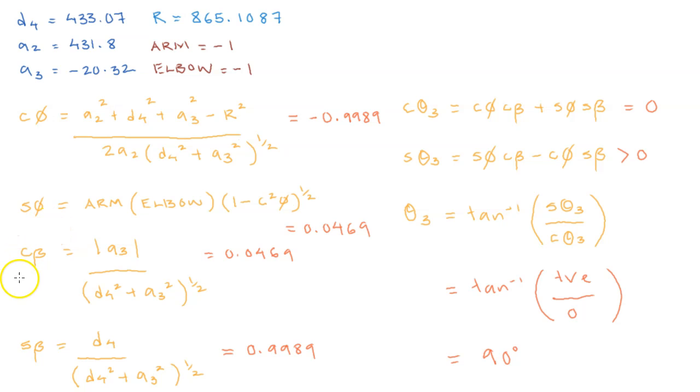Sin phi and cos beta are the same, 0.0469. Sin beta, 0.9989, is just the minus of cos phi, coincidentally. Cos theta 3 is 0 and sin theta 3 is a positive number. Theta 3 is the inverse tangent of sin theta 3, a positive number, over 0. So this is infinity, and therefore theta 3 is 90 degrees.